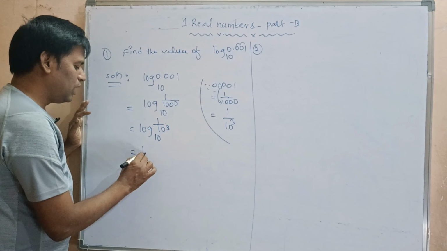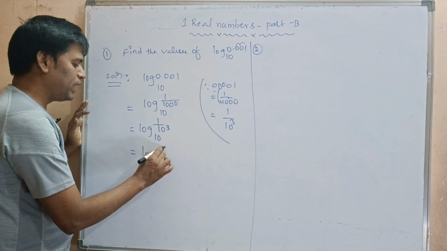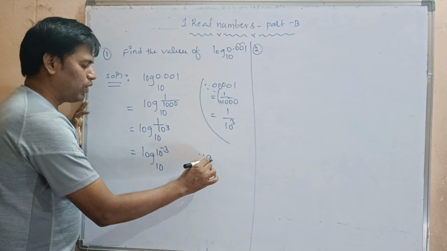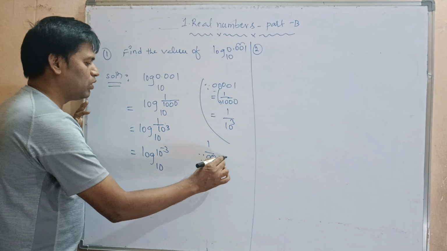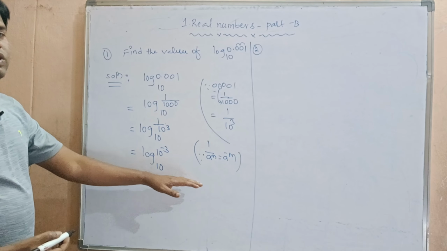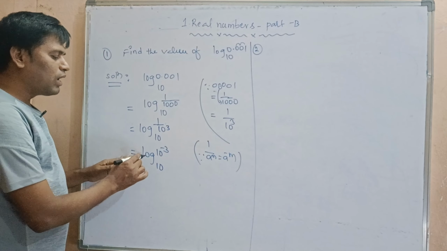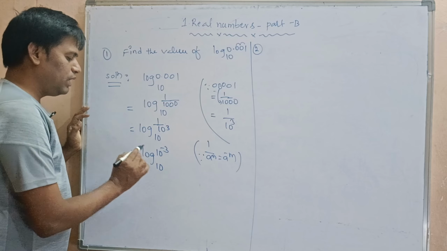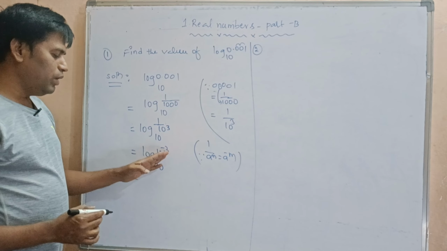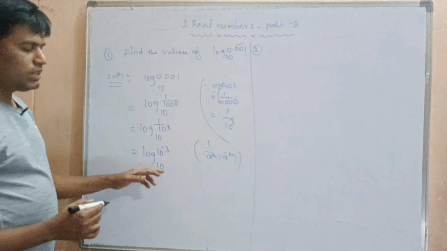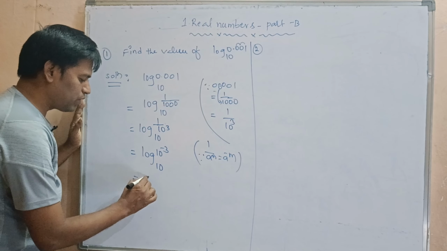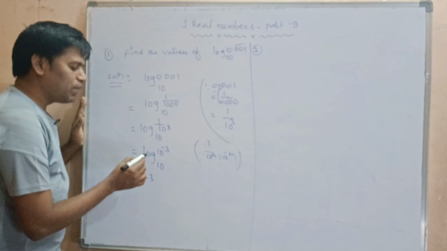Now you can observe, log of 10 power of minus 3 base 10. Here I am using one formula: 1 by a power of m is equal to a power of minus m. I already gave the formula. Again it is in the form of log a power of m base n, so I am taking minus 3 out.